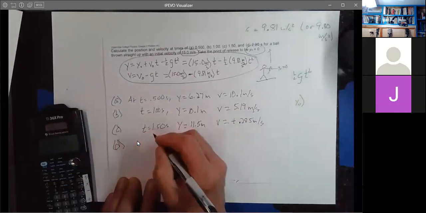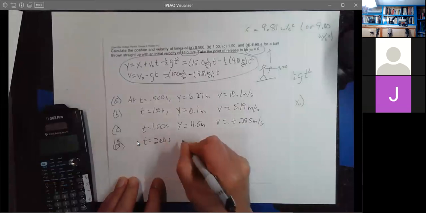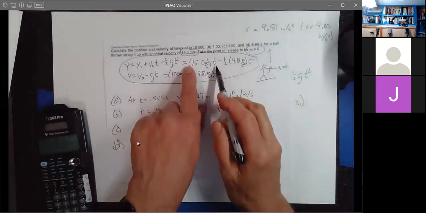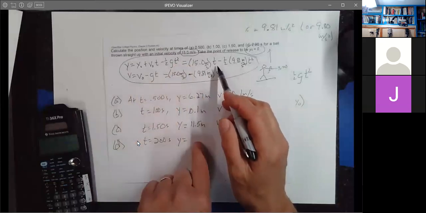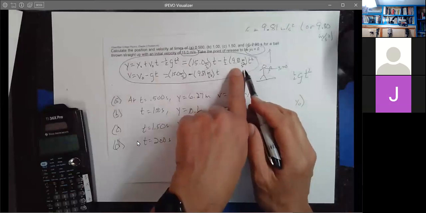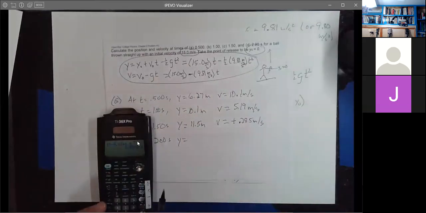So finally, D, at t equals 2.00 seconds, y is going to equal 15 meters per second times 2 seconds minus 1/2 times 9.81 meters per second squared times 2 seconds squared. Let's see what that turns into.